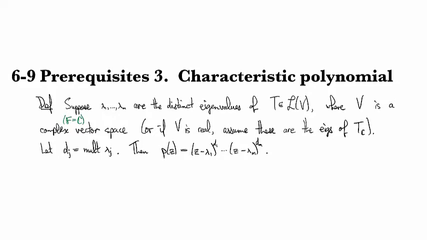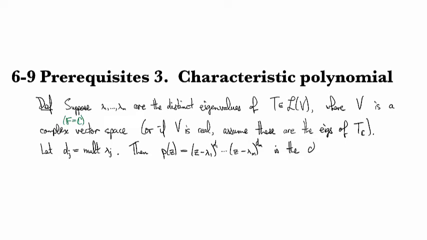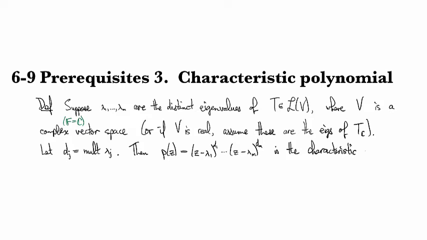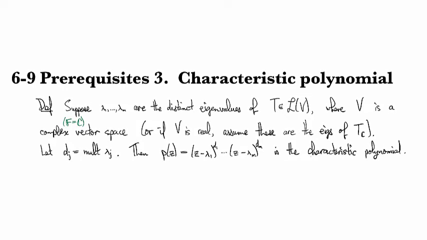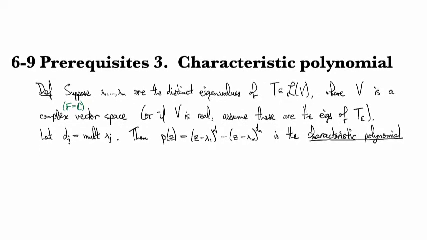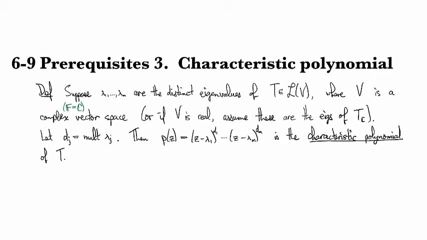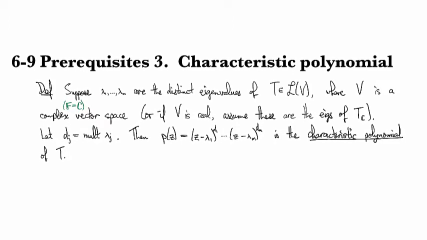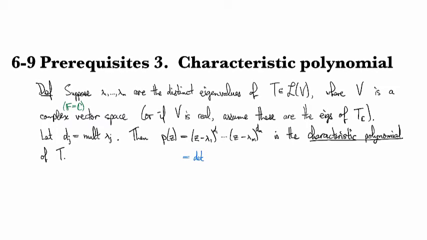Okay, so then this guy is the characteristic polynomial of T.